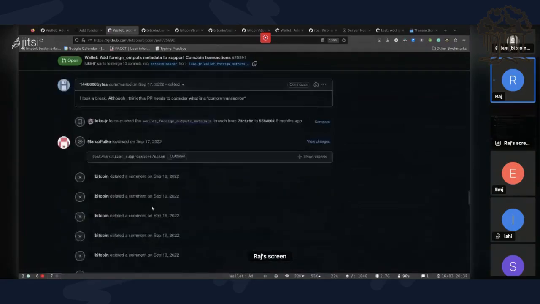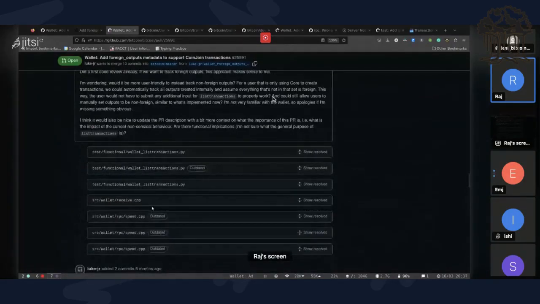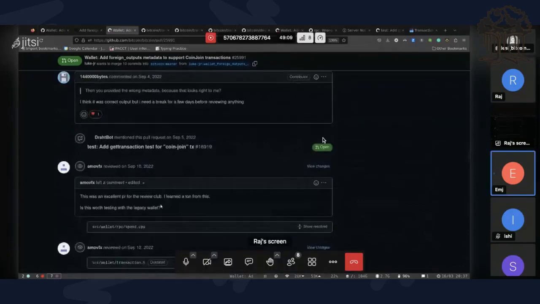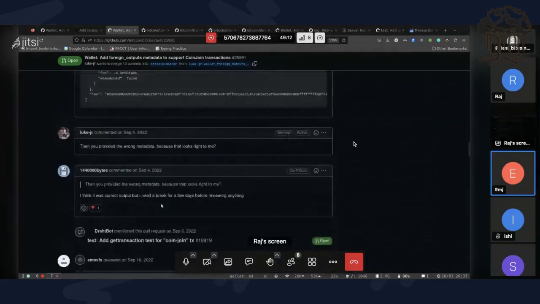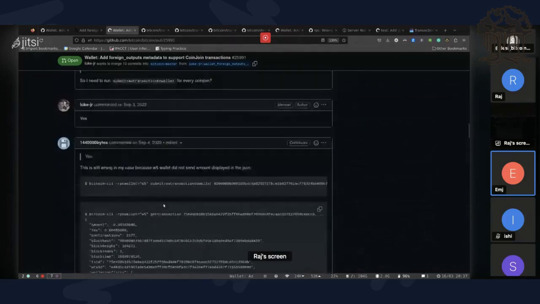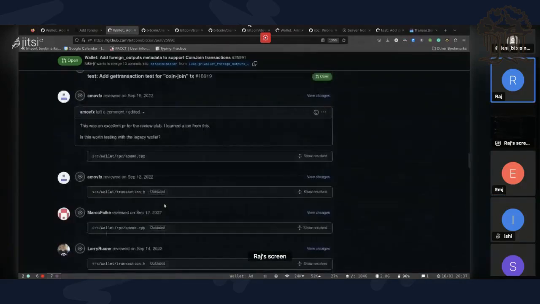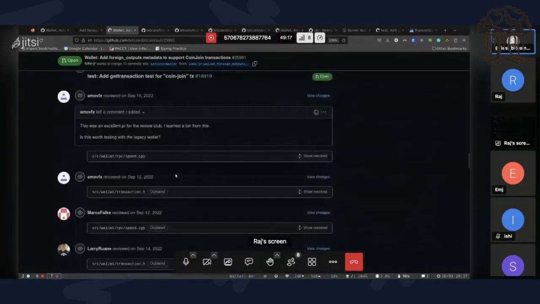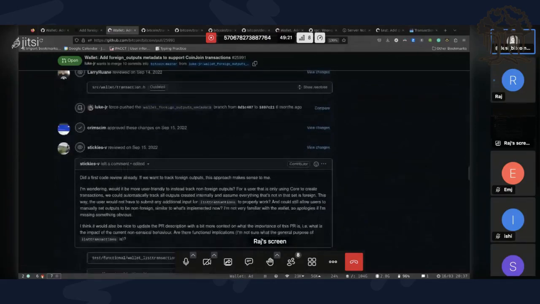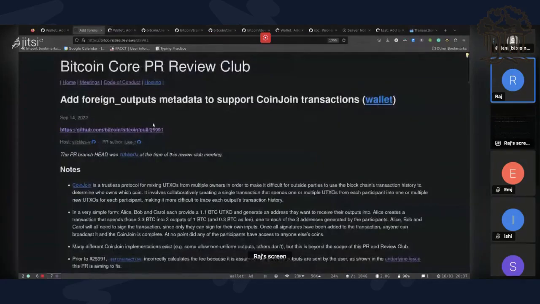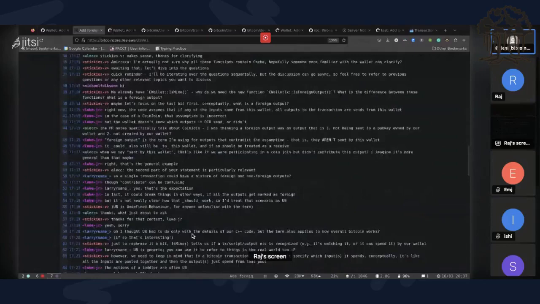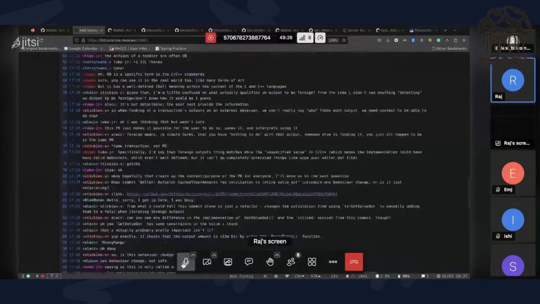I think they were discussing something about the peer review club itself. For my peer review club, it would be helpful if I knew what this does. Let's find Sipa.